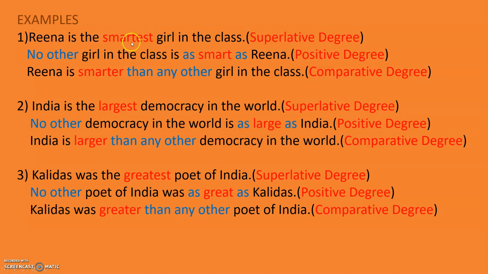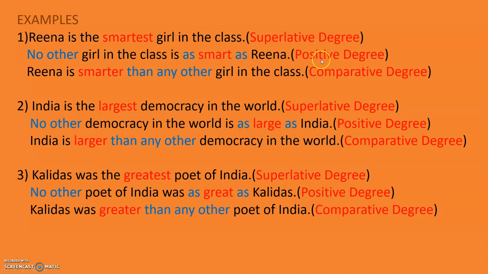Now, when I say Reena is the smartest girl in the class, is there any other girl smart? No. Reena is the only girl that is smartest. So when you get a sentence like this, we have to write in positive degree: No other girl in the class is as smart as Reena.